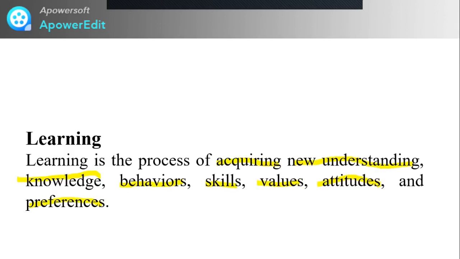When you compare before 2 years and the current situation, you have new understanding about the world and the people, new knowledge about the world, new behavior, new skills, a new value system, and new attitudes.